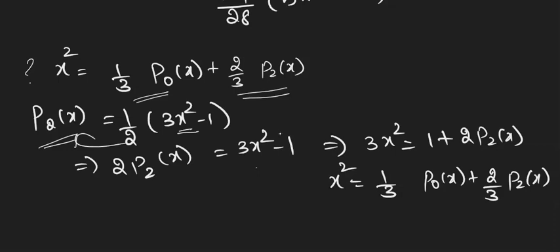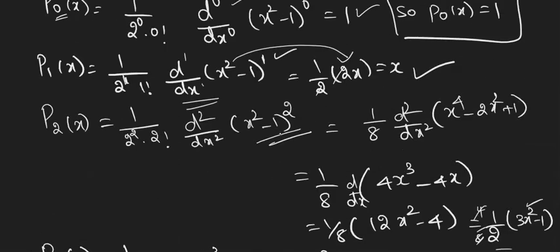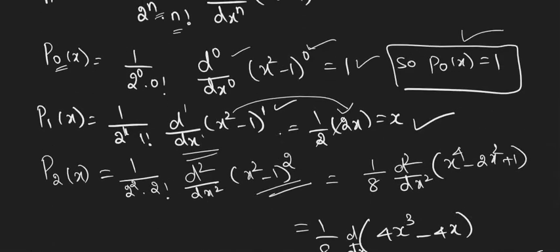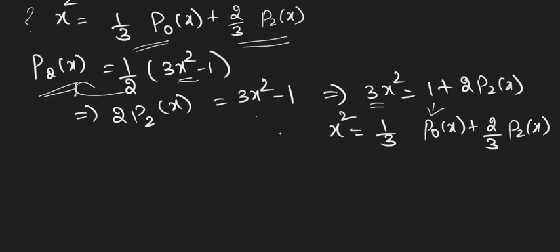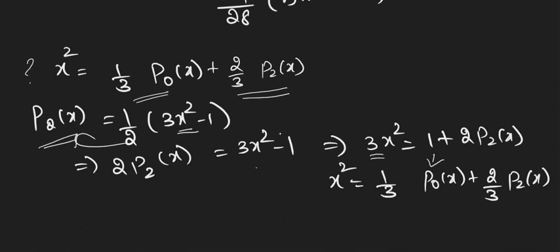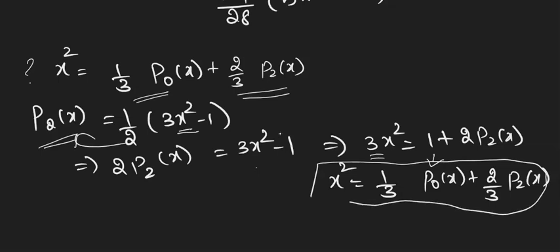So x square is 1 by 3 into 1, right? Instead of 1, what we will write? P0 of x, because we have derived P0 of x as 1. So in the place of 1, we have replaced this. So x square is nothing but 1 by 3 into P0 of x plus 2 by 3 into P2 of x.